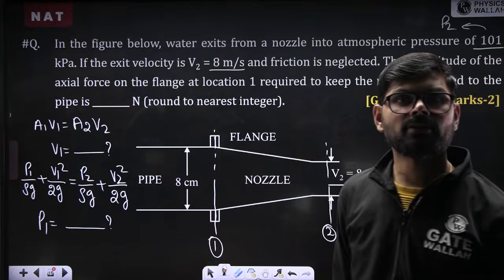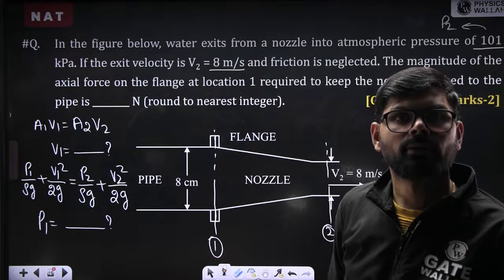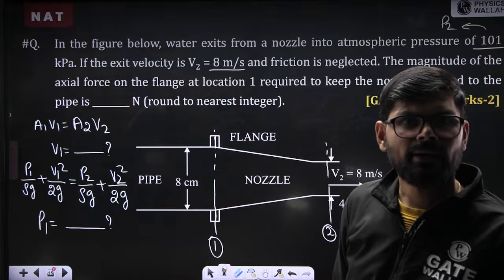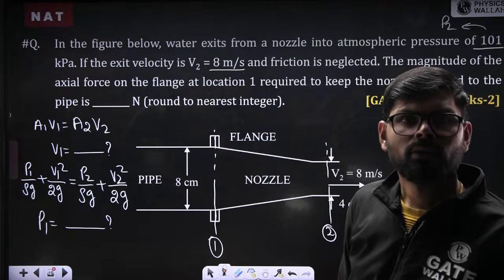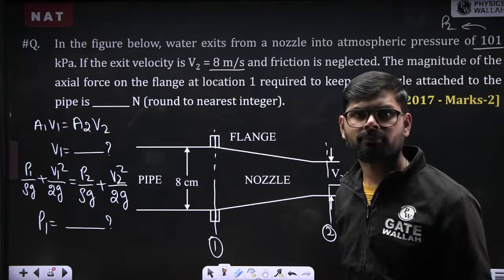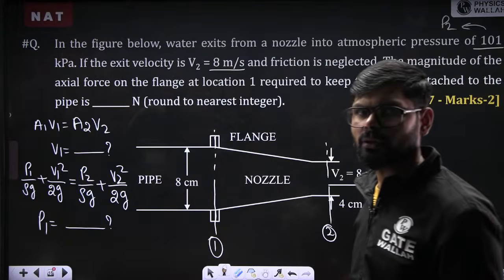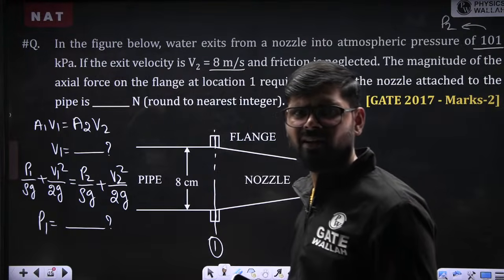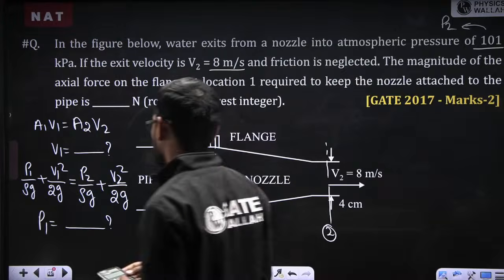Final answer is 91. Final answer you are saying, okay. Minus 91, okay. 11 Newton. 11 Newton, huh? 11, okay. Let me check.